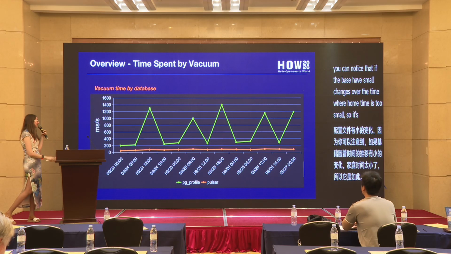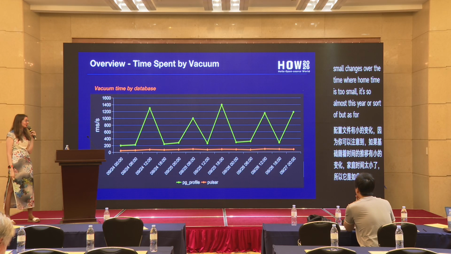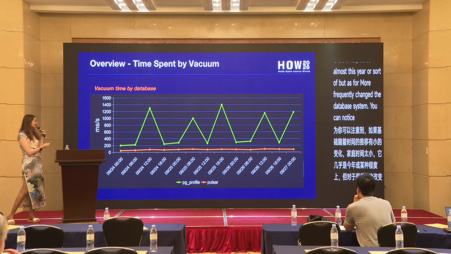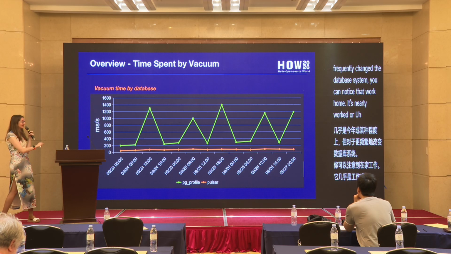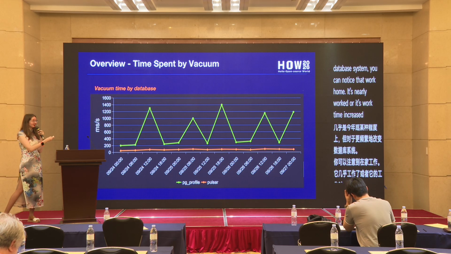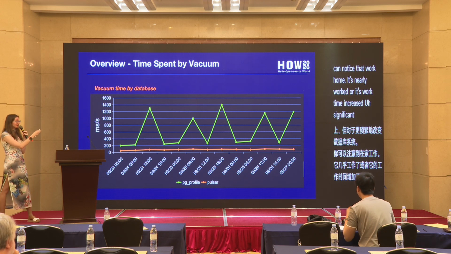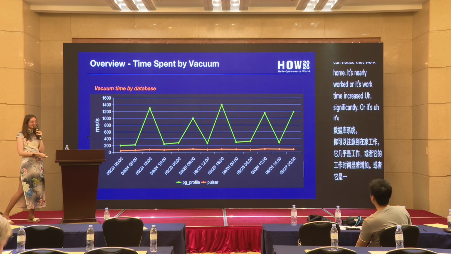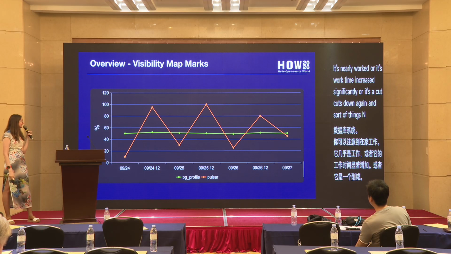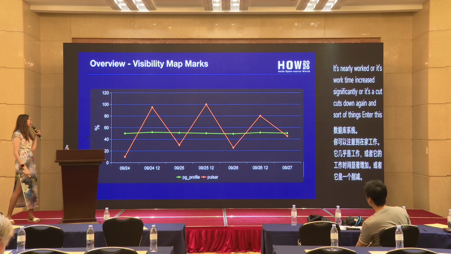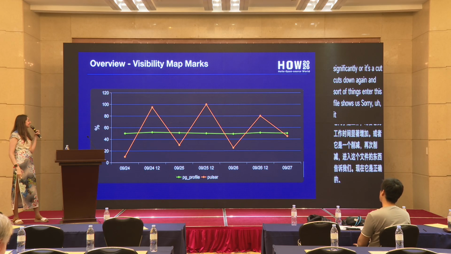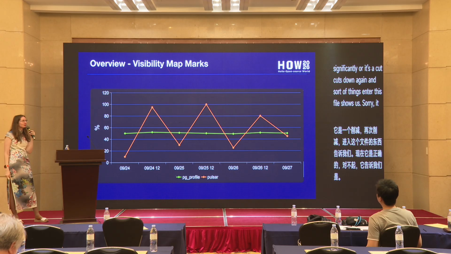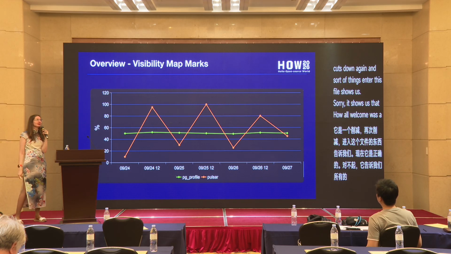But for the most frequently changed database, you can notice that vacuum work time increased significantly, or it cuts down again, and so on. And this graph, now it's correct, sorry, shows us how useful vacuum was.